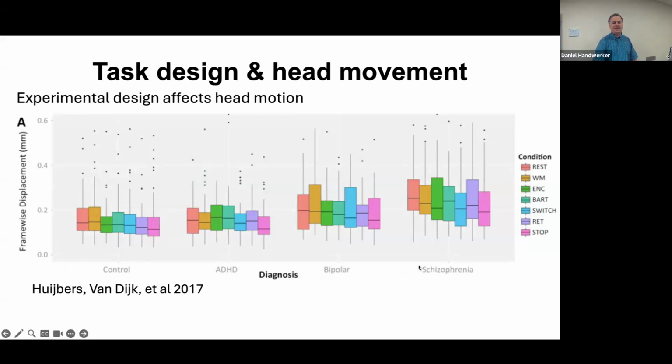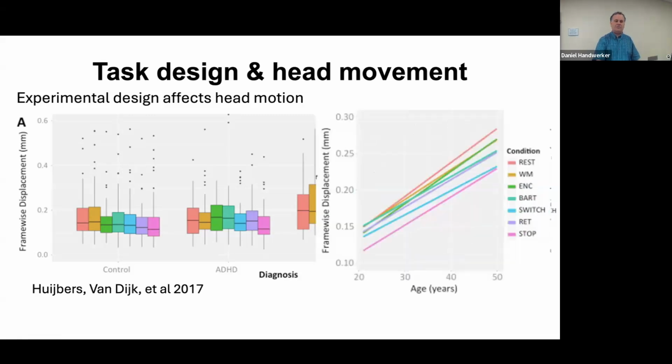And what you can see is that for every one of these colors, generally the controls have on average less head motion than these other groups. So if you have a measure that's going to be sensitive to head motion and you're studying two populations, that's going to cause trouble.